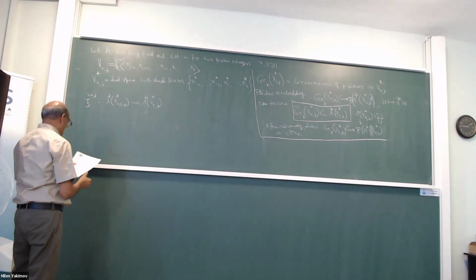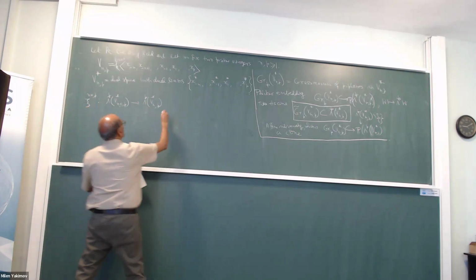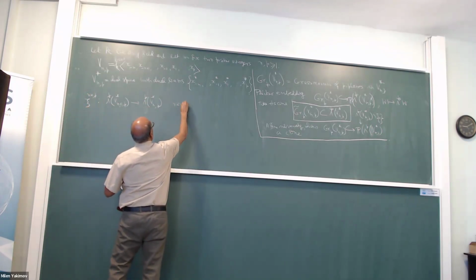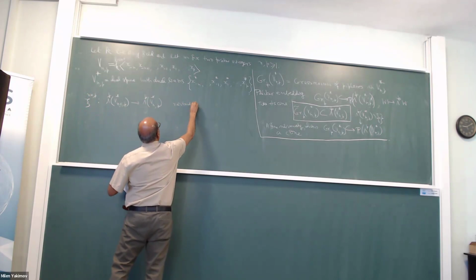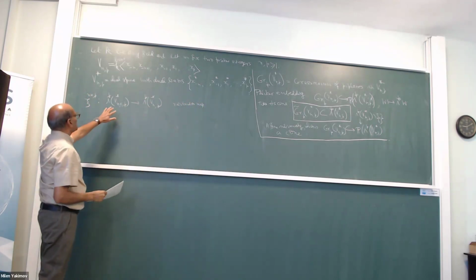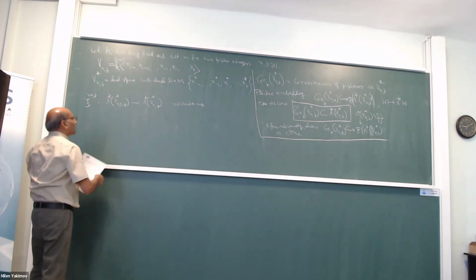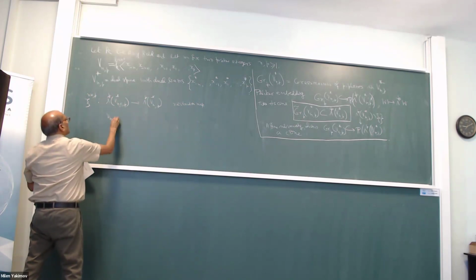And this is just the restriction map. So this is the dual of that V_n ⊗ P sitting inside V_{n+1} ⊗ P, canonically.